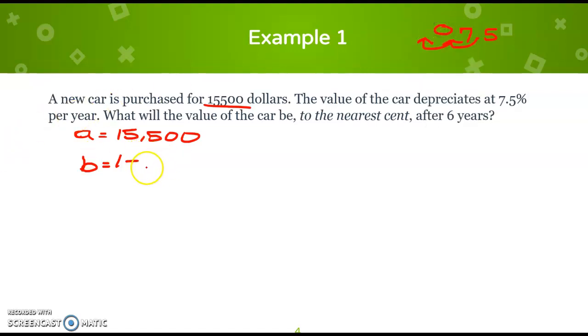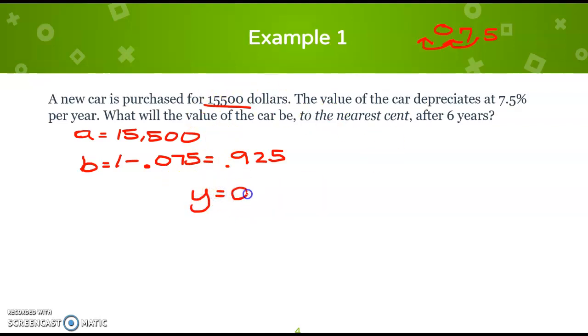So it's going to be 1 minus 0.075, and 1 minus 0.075 is going to be 0.925.